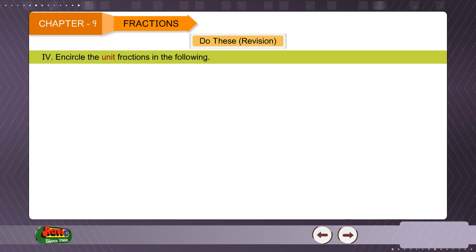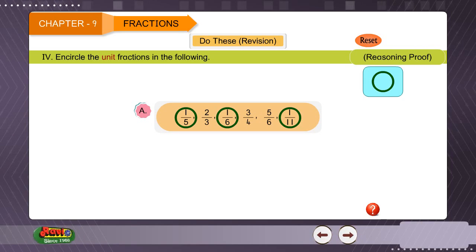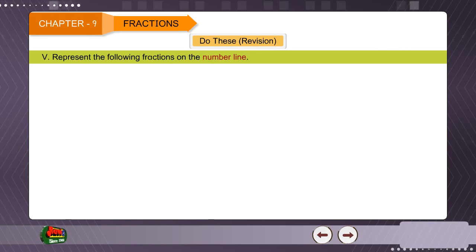Encircle the unit fractions in the following. Reasoning proof. 5. Represent the following fractions on the number line. Representation.